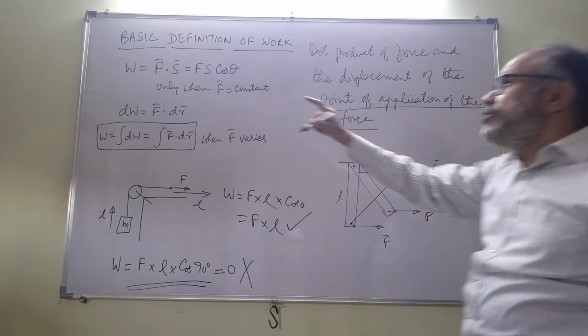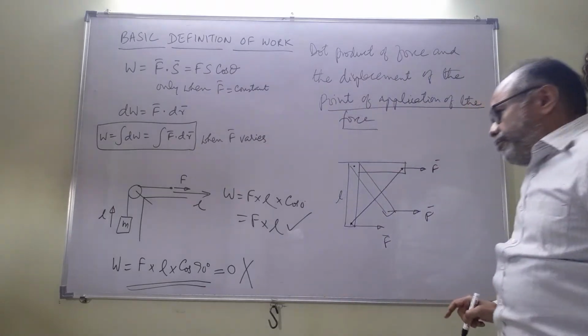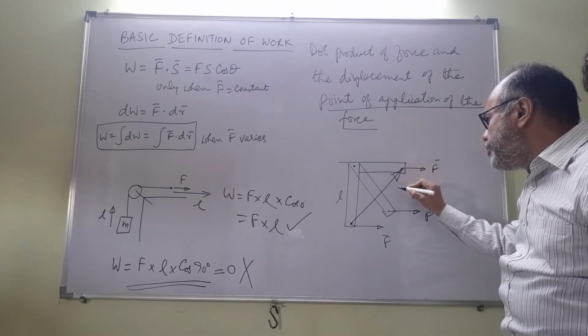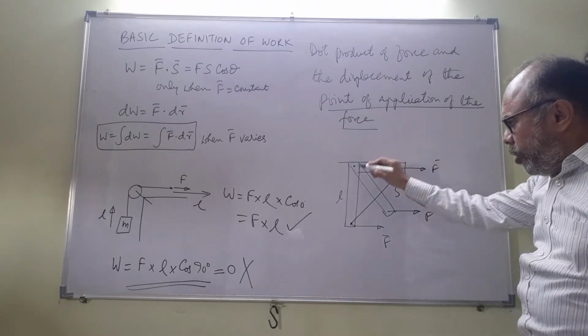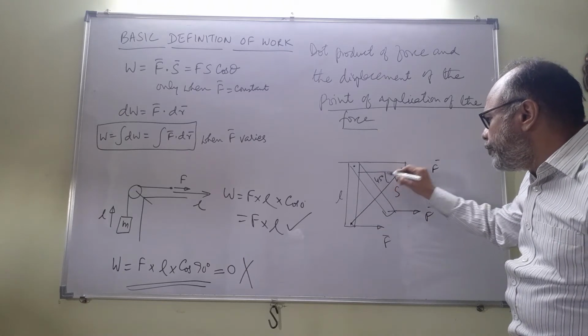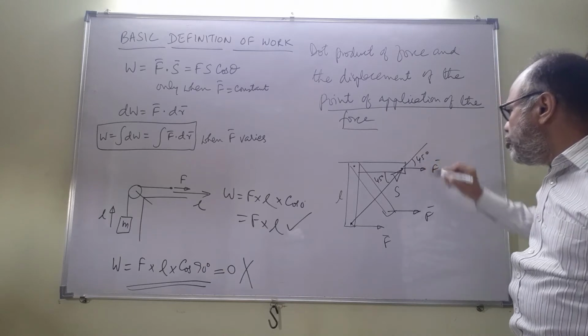We can directly use this formula F S cos theta because F is constant. So this is the displacement. I will call this displacement vector S. Now this is an isosceles right angle triangle. So this is 45. So this angle will also be 45, vertically opposite.